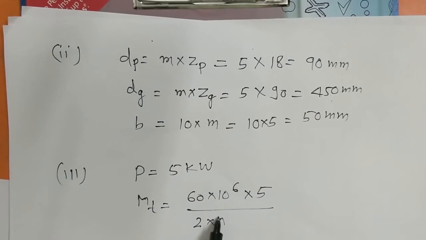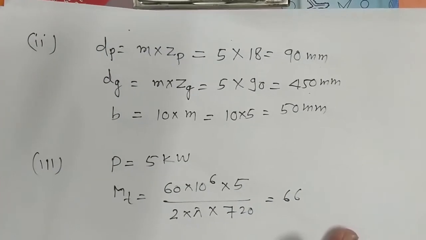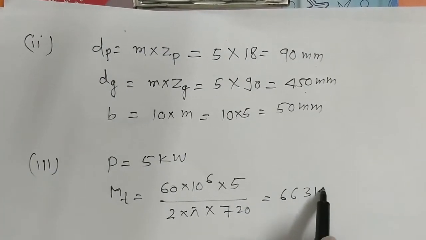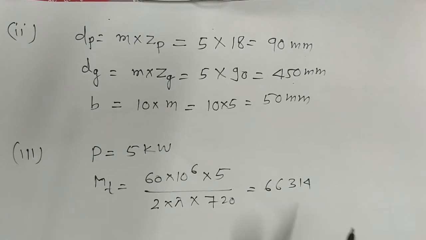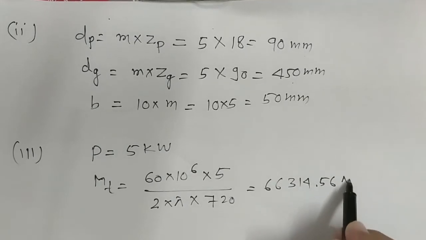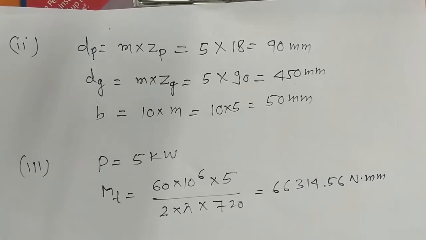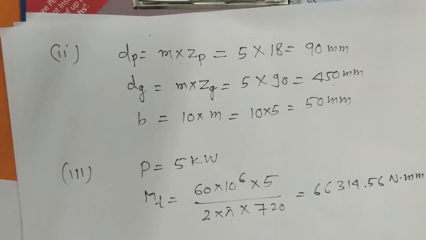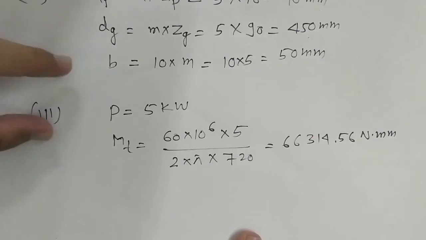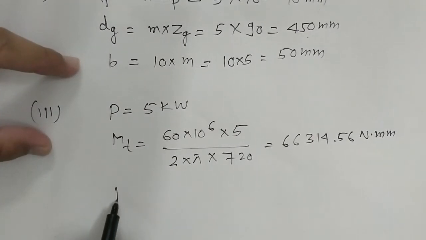So 2 pi and Np is given as 720. So this becomes 66314.56 Newton mm.